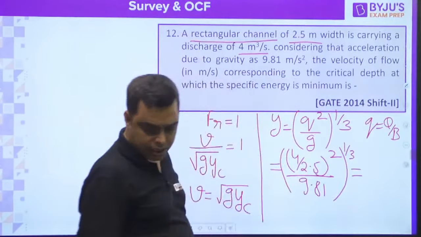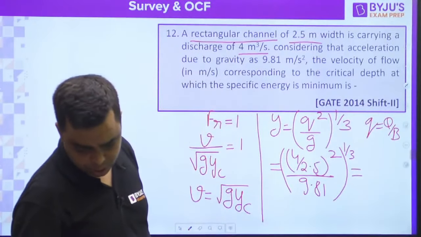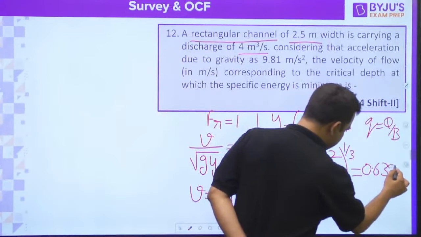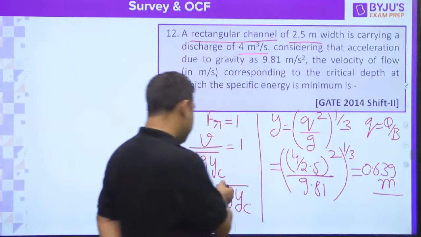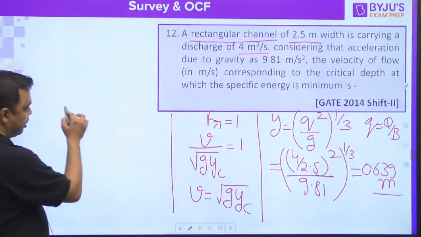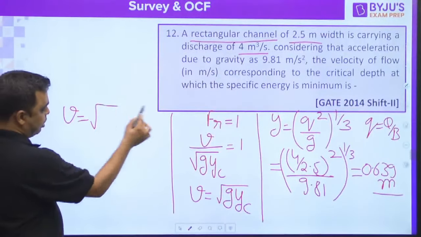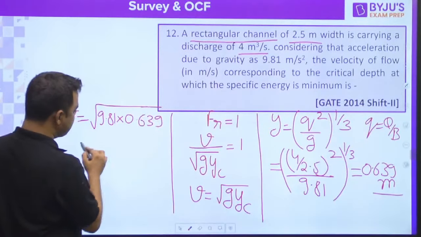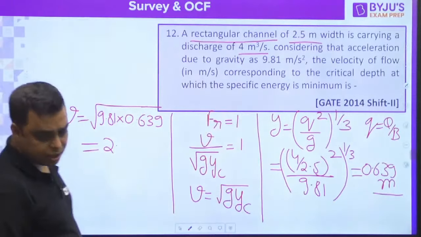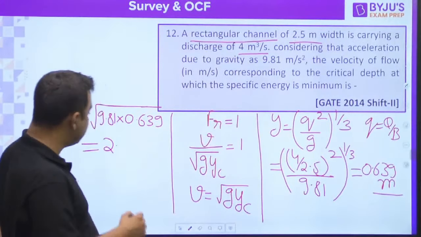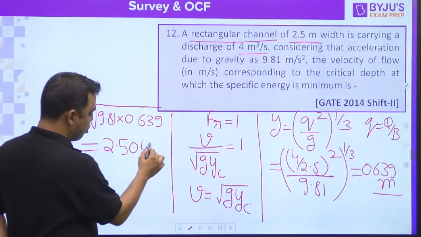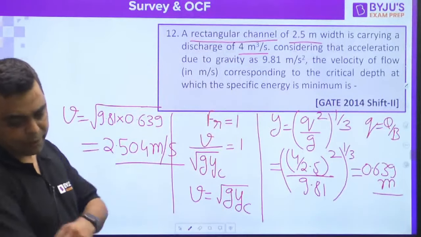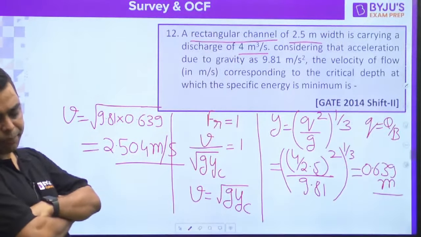What is this value? This value will be 0.639 meter. I put this value over here for V: under root 9.81 into 0.639. How much is the value? 2.504 meter per second.